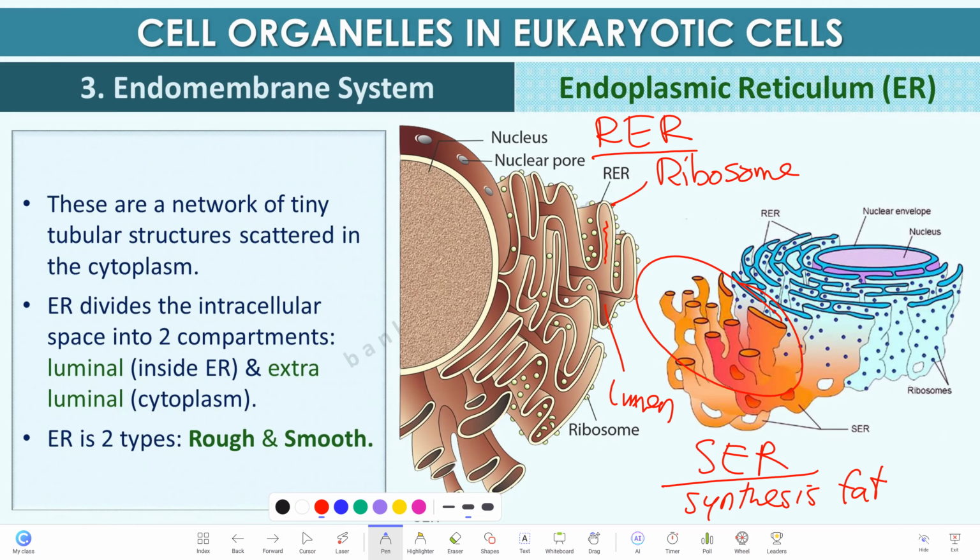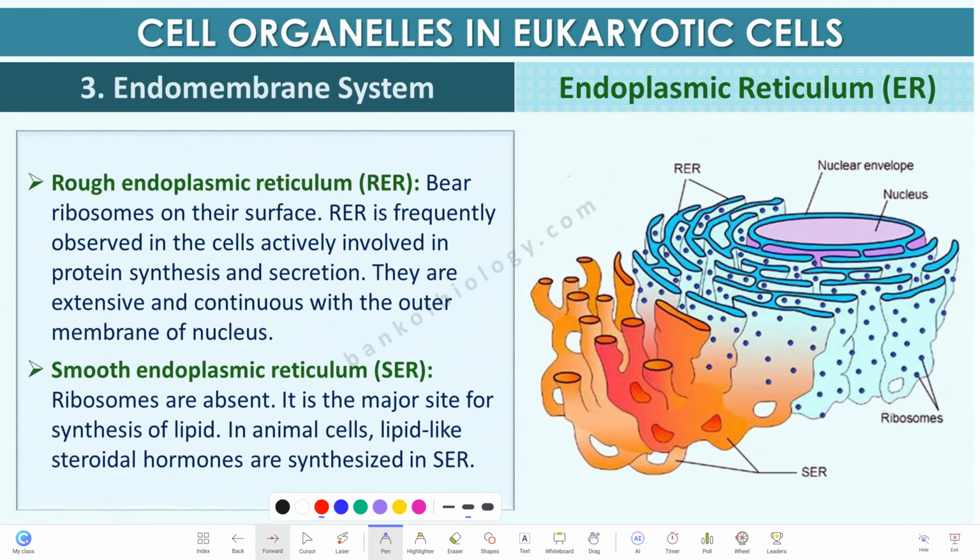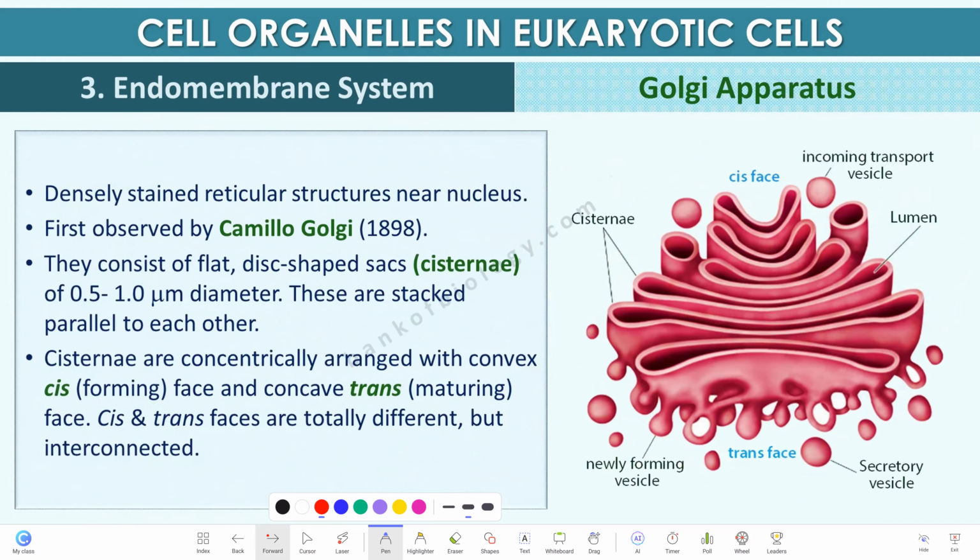And see, there's a space inside. They call it the lumen. Learn the lumen now, right? What's the space inside? Lumen. Inside the lumen, what happens? Protein gets folded up. Folding of protein happens inside the lumen of the endoplasmic reticulum. So name the types of endoplasmic reticulum: rough and smooth. What's the function of RER? Protein. And the smooth one, what's the function?